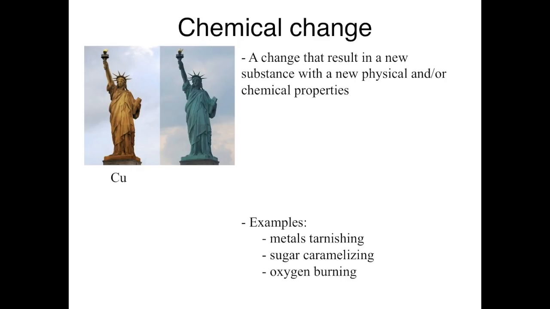Over time though, this copper tarnishes, reacting with water vapor and carbon dioxide in the air, giving us a new compound. And this new compound turns out to be a greenish color. So this is a chemical change. You no longer have elemental copper, but a copper compound, which is a new substance.